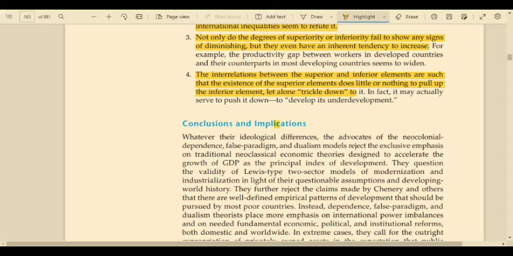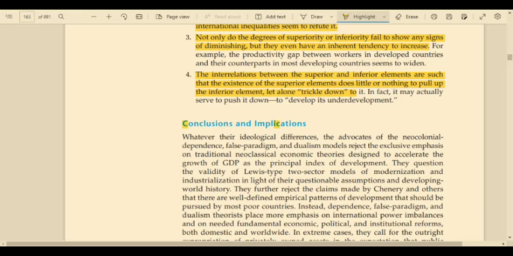So basically, they are saying that this coexistence of vastly divergent sections of society, such as the urban sector, which is highly productive, and the traditional sector, with negligible productivity, and highly rich people and the below poverty line population, have interrelations between them, but the existence of these superior elements does not make any effort to pull up the inferior element.